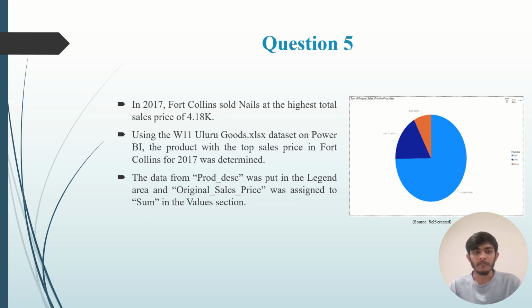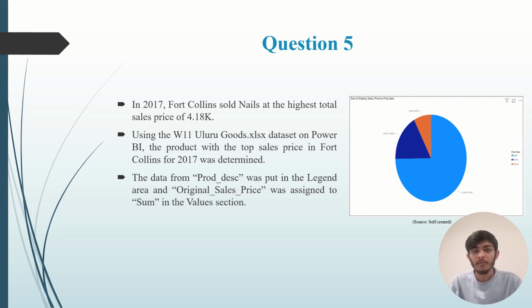Now question 5. Using the W11 Uluru goods dataset on Power BI, the product with the top sales price in Fort Collins for 2017 was determined. The product data was put in the legend area and the original sales price was assigned to the sum in the value section.